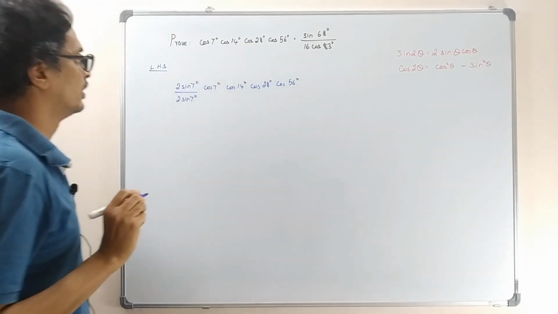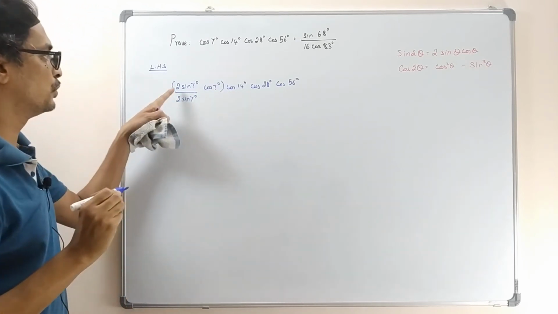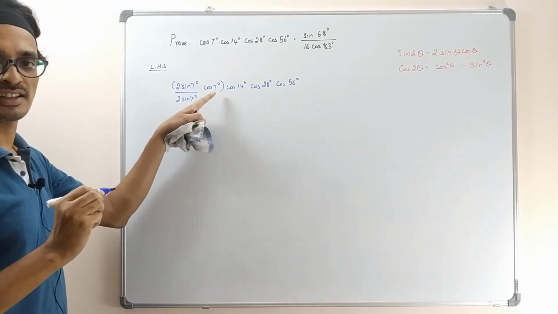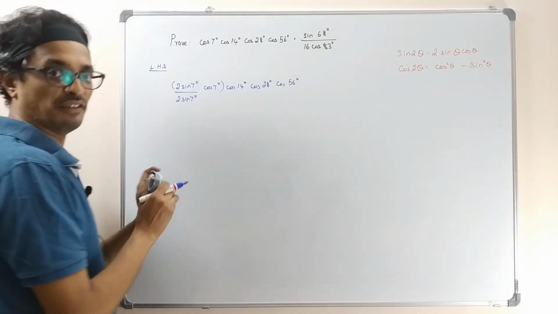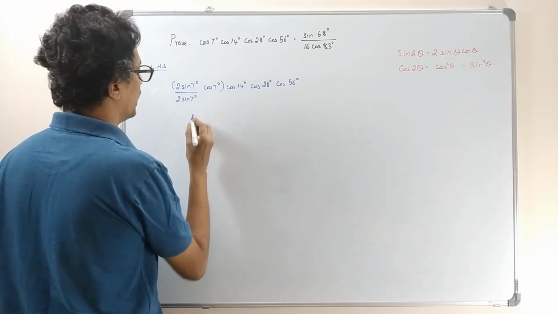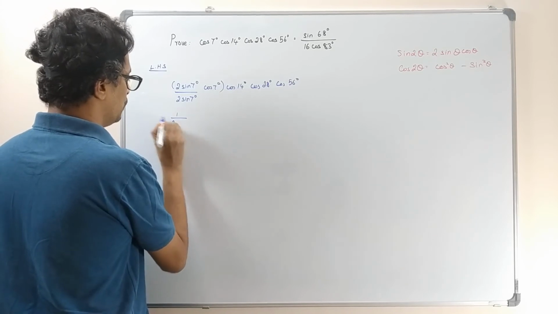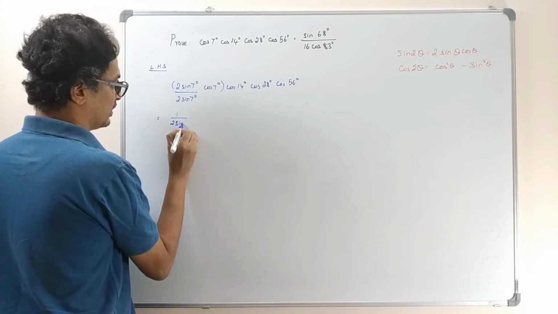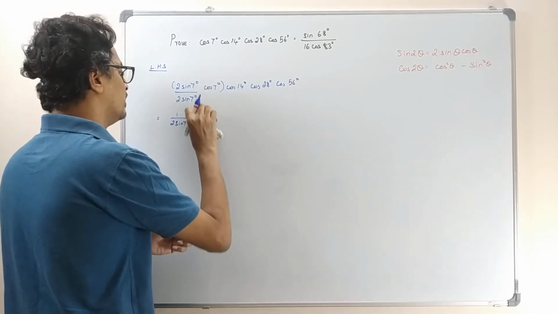Correct? So now, what is this? 2 sin 7 degree cos 7 degree, that means sin 14 degree. 2 into 7 is sin 14 degree. So what are we going to get? We will have this as 1 by 2 sin 7 degree into sin 14 degree.